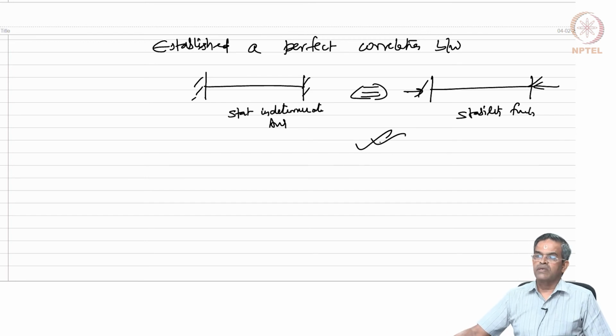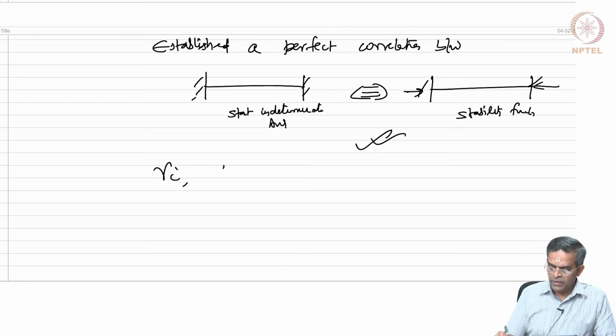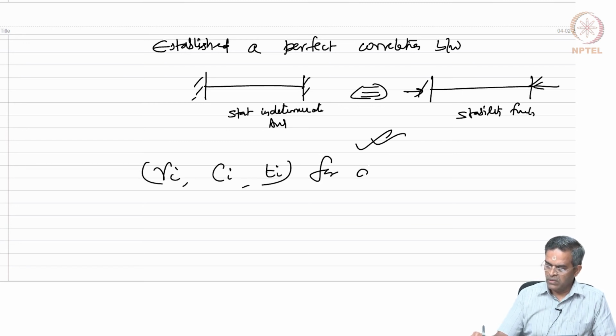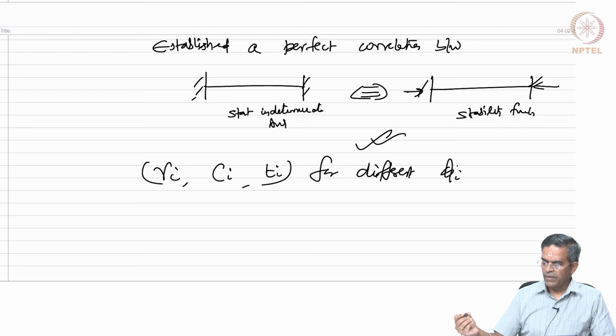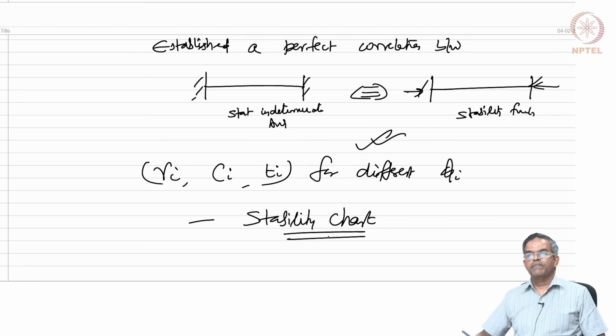So, this has got to be clearly understood, and one can also plot these Ri, Ci and Ti values for different phi. This is called a stability chart, which I showed you in the last lecture.